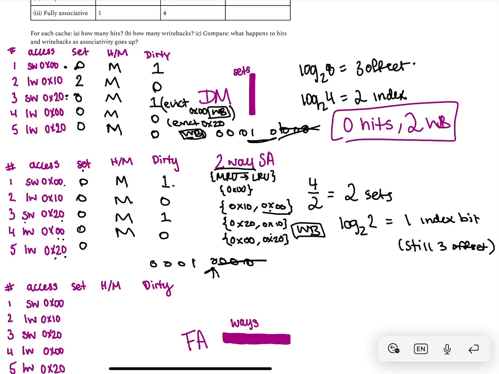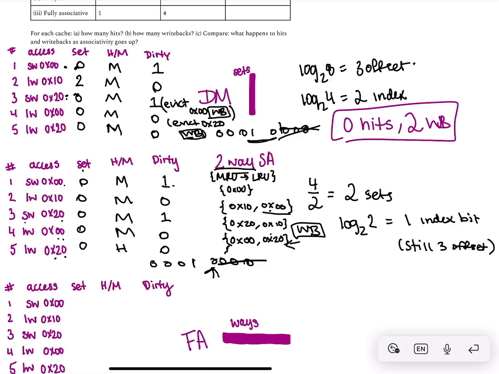Finally, we load word 0x20. So let's look at our little cache right here, and we see in our MRU LRU array that it's in there. So it is a hit. And it's just a load word.